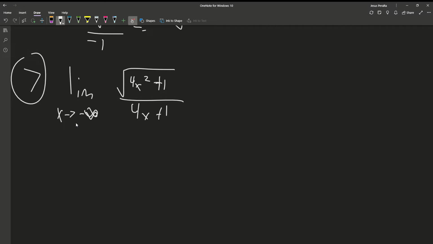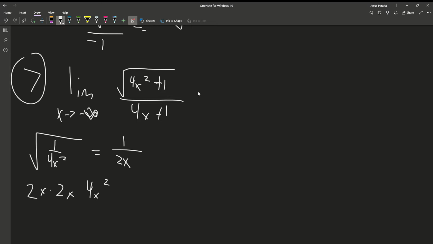So we have a negative infinity, so keep in mind, you're going to write square root of 1 over 4x squared, which is also equal to 1 over 2x. Yeah, because the square root of 4 is 2, and the square root of x squared is x. If you don't believe me, 2x times 2x gives you 4x squared. So that's the square root of it.